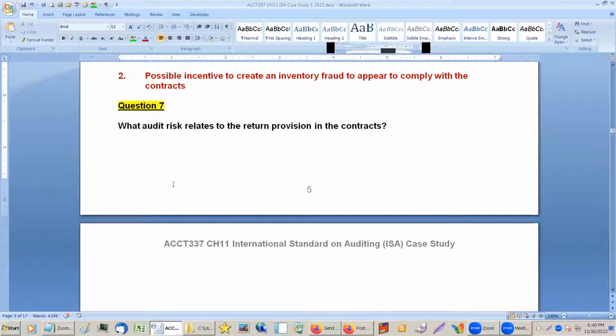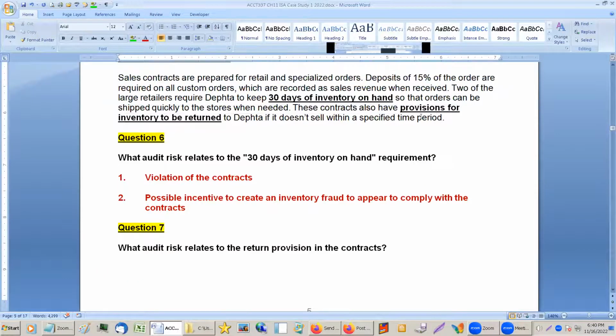Okay, what audit risk relates to the return provision in the contracts? So they have this return provision. They sell them the goods, but they also have this provision that if they can't resell those, they can be returned.